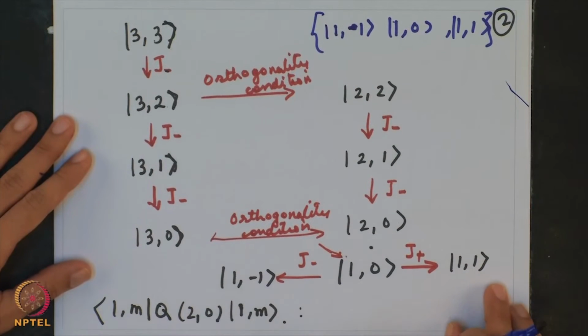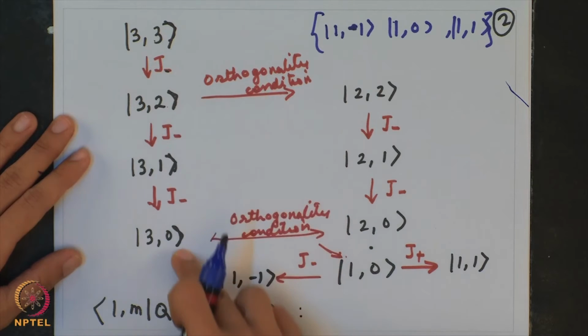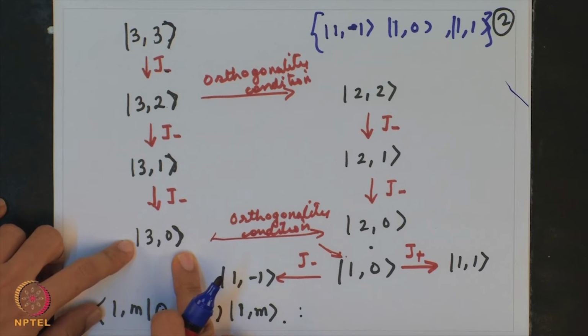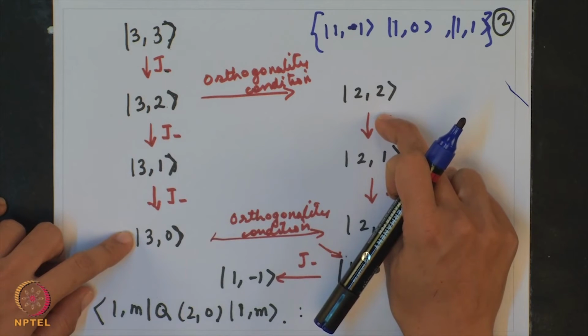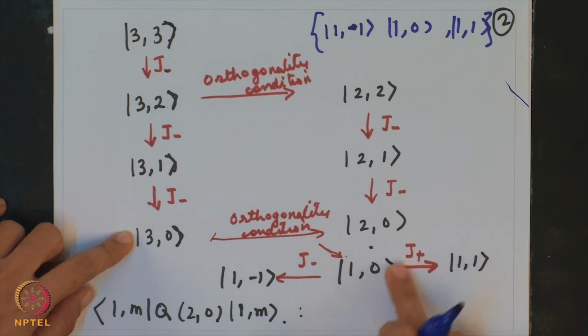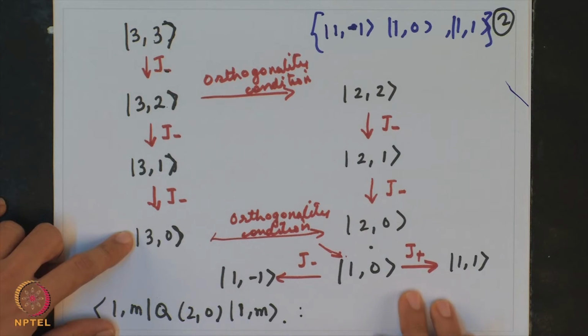So, let me just go through the roadmap once again. This is the roadmap. From the 3 2 state, you go to the lower state, you apply J minus multiple times to obtain the 3 0 state, and using the orthogonality condition you can switch to the state 2 comma 2, and again a series of ladder operations would result in the 1 0 state by orthogonality condition and J minus, and then the plus and minus ladder can be used to obtain these 2 states.